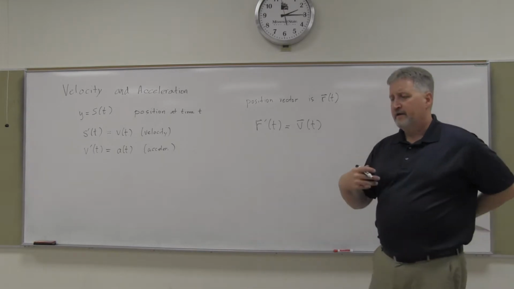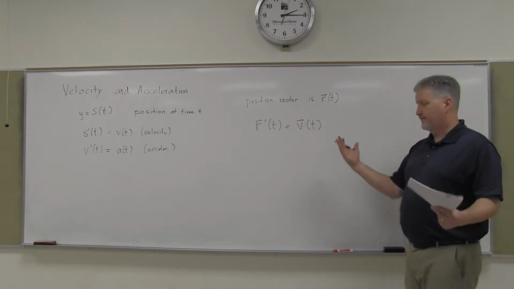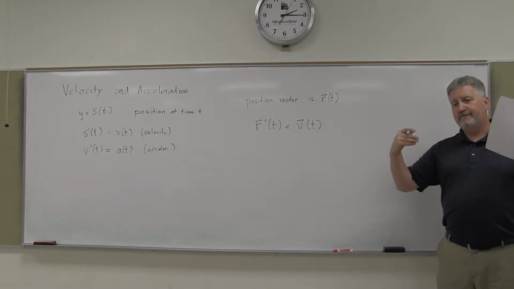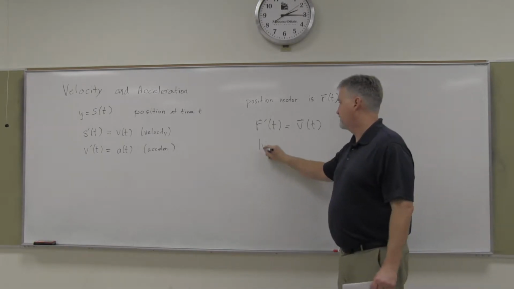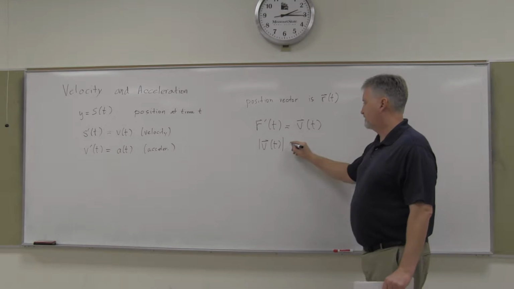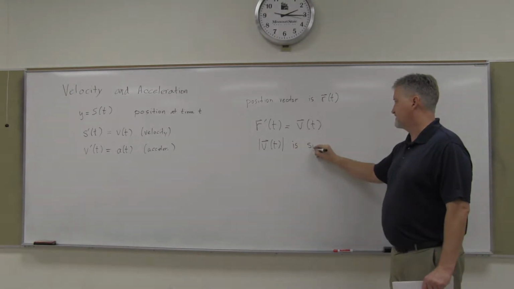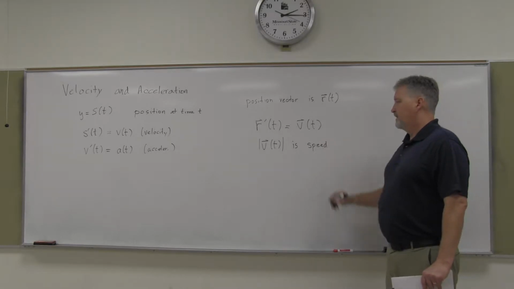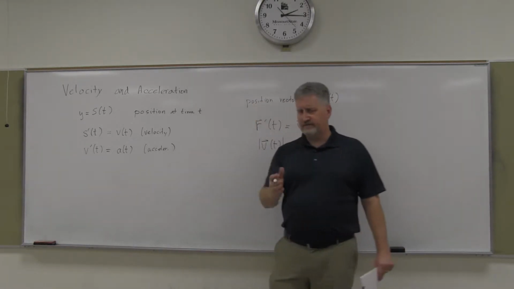Now, one thing more that we add on to this, because of the nature of vectors: if you talk about the magnitude of v, that is what's described as just the speed. Velocity in some ways is directed speed.